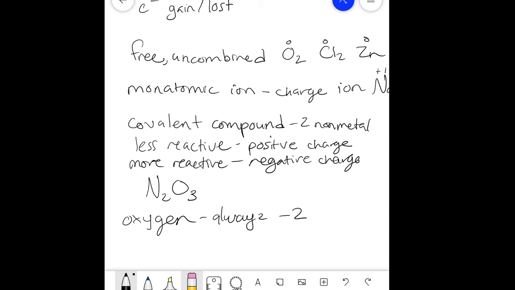And so, since oxygen's 2 minus, and there's 3 oxygens, that means this has a total of -6. And so we need the nitrogen to cancel out and have +6. And since we already have 2, we know we have to do 3. And so that's kind of covalent.